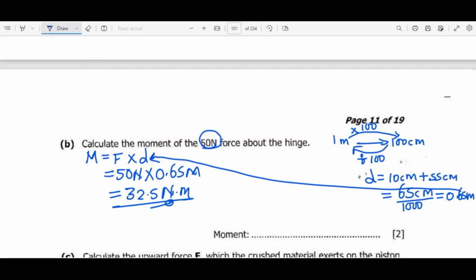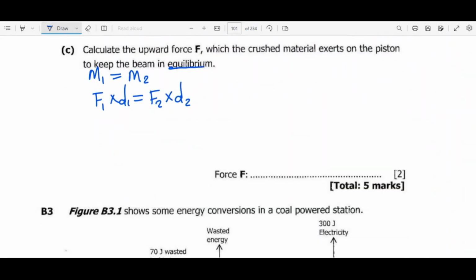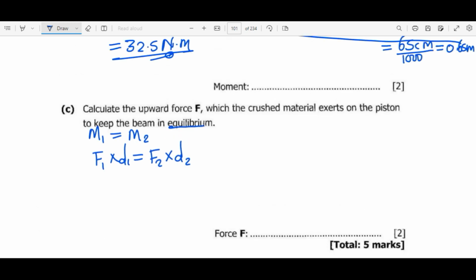So we're going to say we are solving for moment 1. So for this moment, force 1 we don't have. Then multiply by the distance 1, which is 10 centimeters. Then force 2 is 50 newtons. Multiplied by, I'm going to use now 65 centimeters.